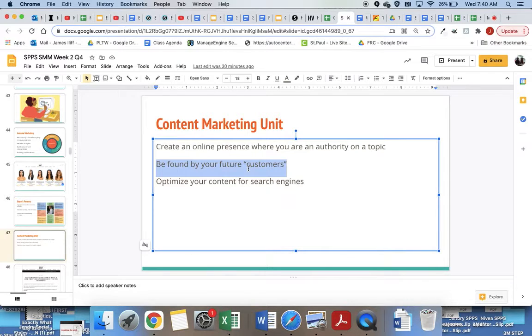And then lastly, they need to optimize their content for search engines, which we'll talk about a little bit later. But I want to talk about these two right here, that they're creating an online presence where they're seen as an expert on a topic and being found by customers as opposed to putting out annoying ads and trying to capture their attention.